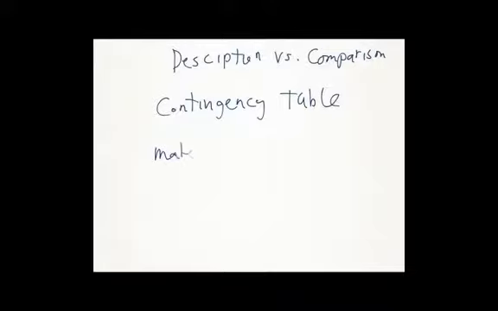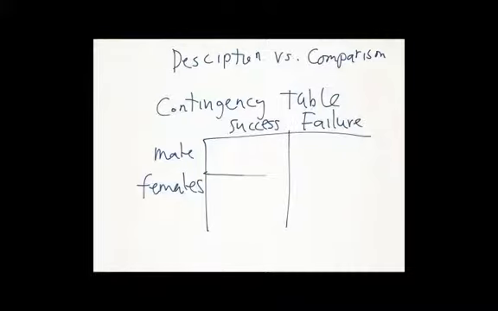We might have males and females, and then we can have success or failure. So this is a way that I could summarize the relationship between two dichotomous variables. Just make a contingency table like this.